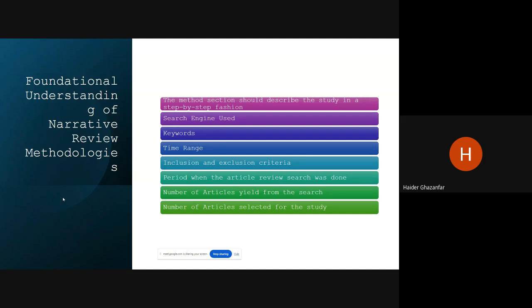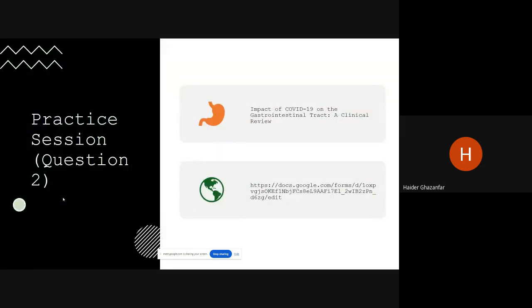For example, you came out with 160 articles, but 40 of them had a conflict of interest, or the methodology was not good, or they didn't have any material on the topic you are focusing on, so they are excluded. And you mention how many articles you selected for the study.